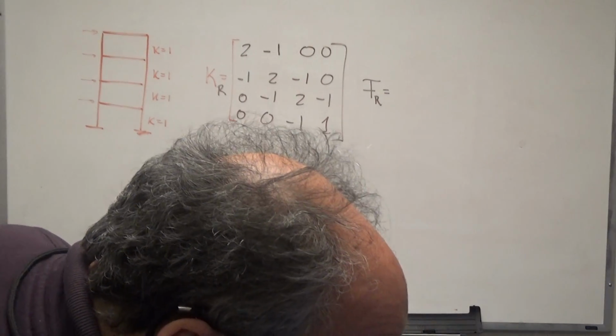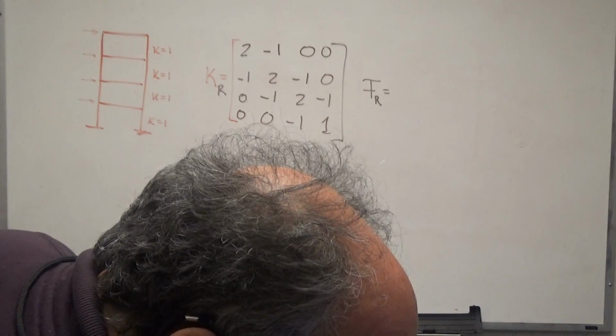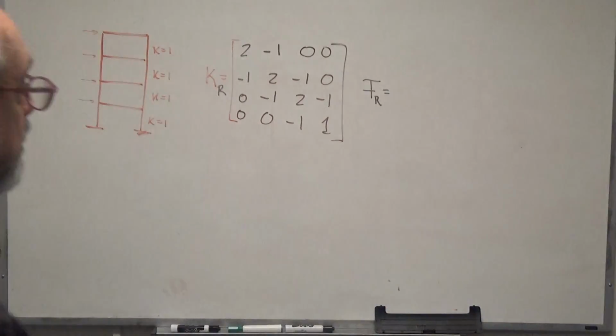I close. That's my K. My inverse of K is this.